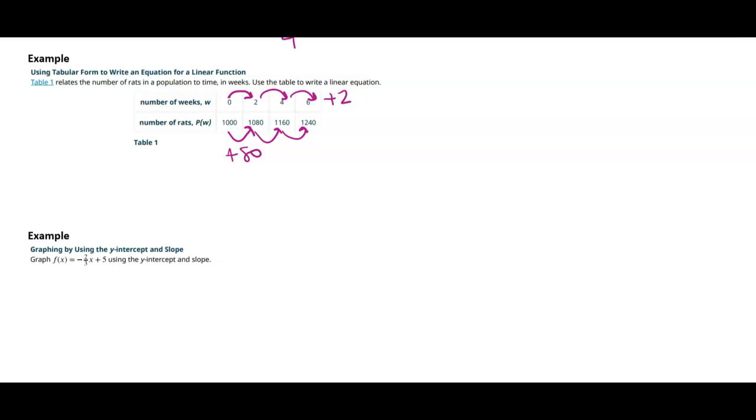So if I need to figure out the change in the number of rats over the change in the number of weeks to find my rate of change, I'm going to do 80 over 2, which is 40.